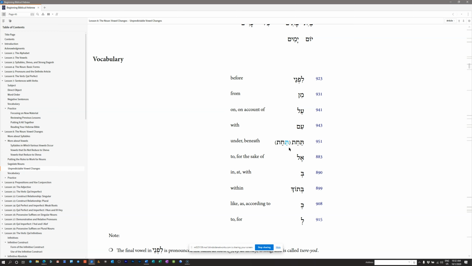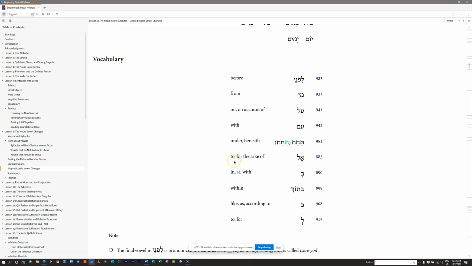So he's standing there, maybe with his hand on the brim of the hat, and what you don't know is there's already a rabbit under the hat, under tachat. So that's my dumb mnemonic. Tachat is under. That way when he pulls the hat off and pulls out the rabbit, it was there, it was under the hat the whole time, okay? So tachat is under or beneath.